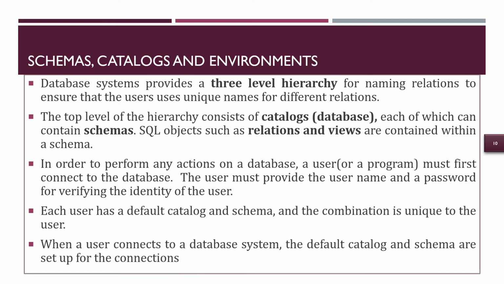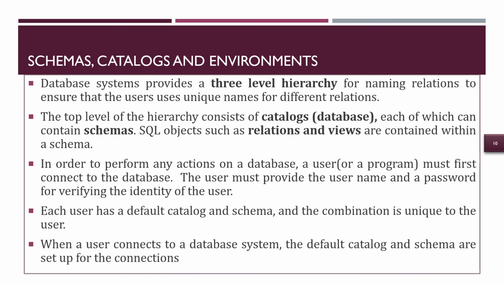Now let us discuss the terms schemas, catalogs and environments. Database systems provide a three-level hierarchy for naming relations to avoid naming clashes. That is, to ensure that users use unique names for different relations.